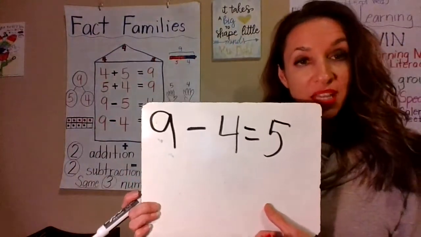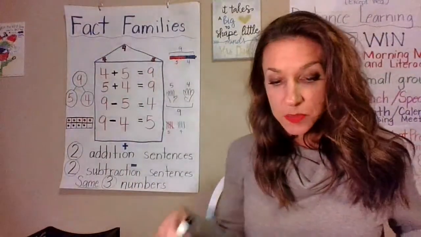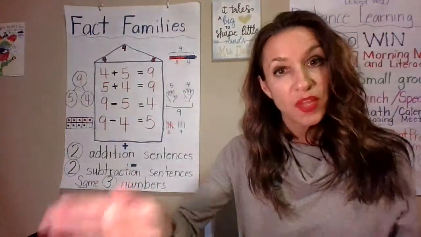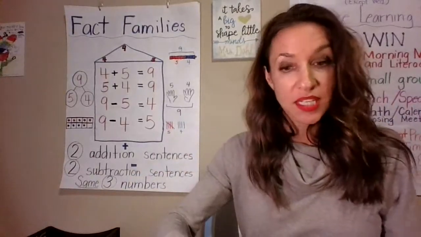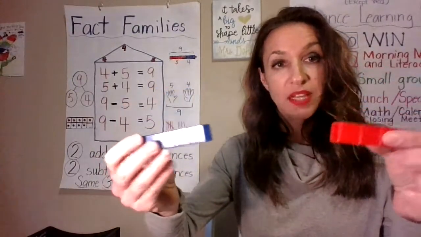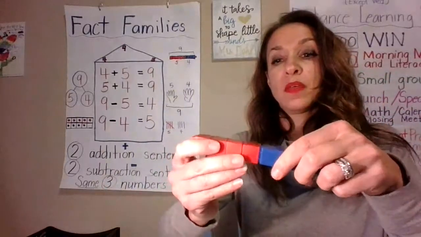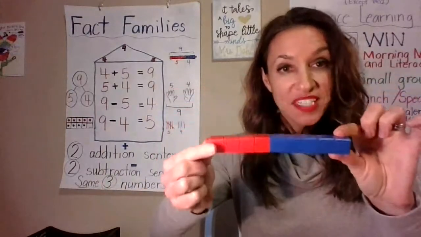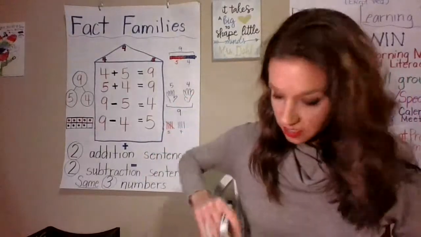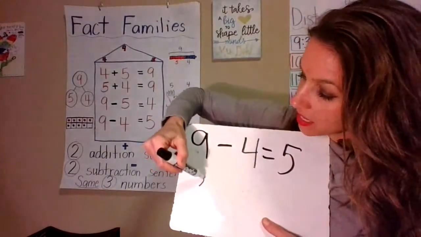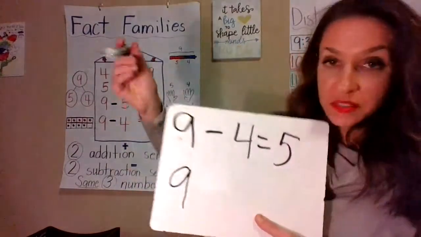All right, we can do that again. We can make another number sentence because just like our addition, we can switch the parts around and have a different number sentence. So this time, let's put our cubes back together. And again, we're starting with our whole, how many we have all together. So we can start our number sentence with that number, 9 cubes to start.